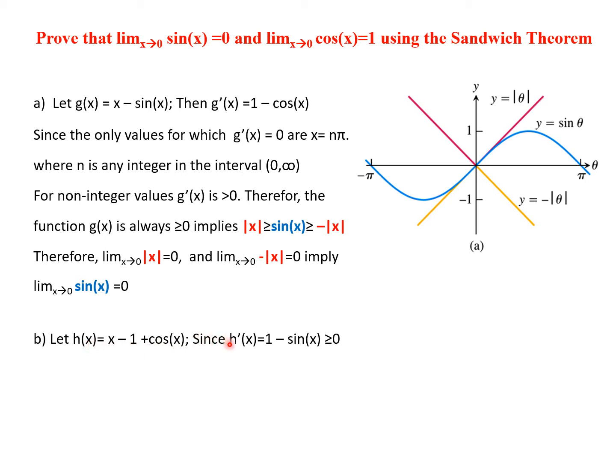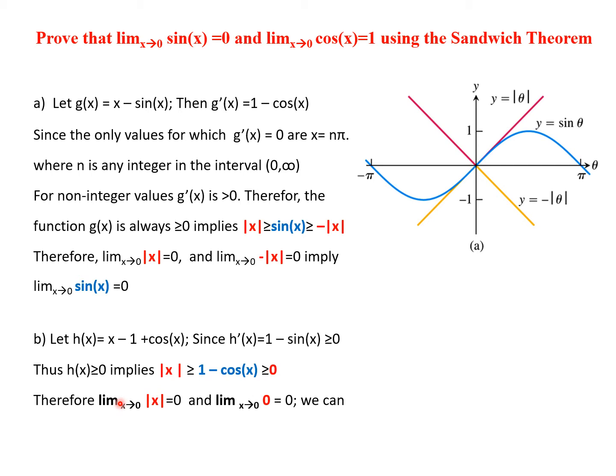So h prime of x will be equal to 1 minus sine x. This is greater than or equal to 0 all the time. Thus, h of x will be greater than or equal to 0, which implies the absolute value of x is greater than or equal to 1 minus cosine x, which is greater than or equal to 0.